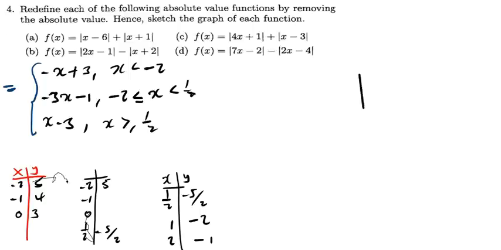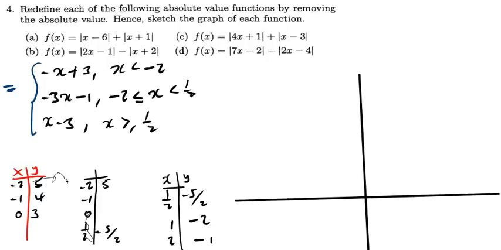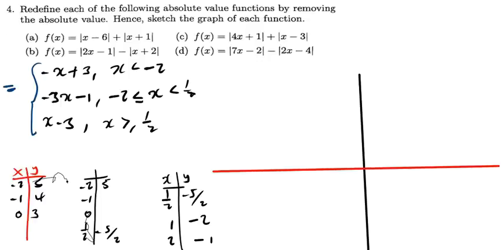How do we expect our graph to be? So we have the x values. The negative part, we have negative 1, negative 2. The positive part, we have 1 over 2, 1, 2. Then the y, we have 3, 4, 5.